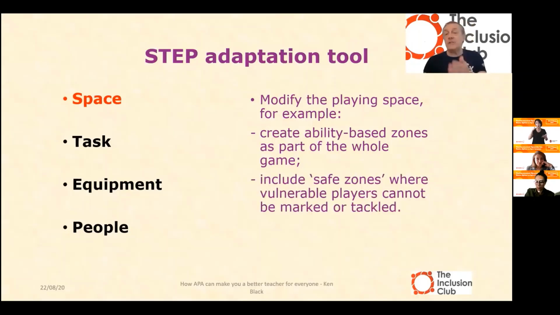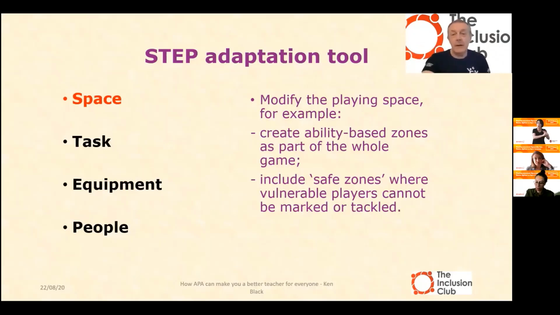We can include safe zones, for example, people who feel vulnerable especially in an invasion game where there's a lot of people moving around, then they may be in a safe zone where they can't be marked by an opponent or tackled. So that means they've got time and space to, for example, receive a pass, look around and pass to someone on their team.